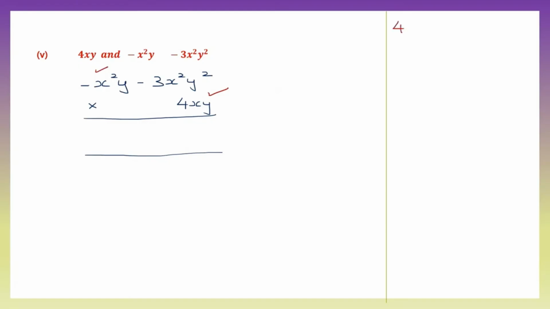So let's do that. 4xy into 1x square y minus 1. We'll put minus 1 x square y. Let's multiply first the numbers. 4 into minus 1 into, let's take the x into x square. Now let's take the y's, y into y. Let's multiply it all.